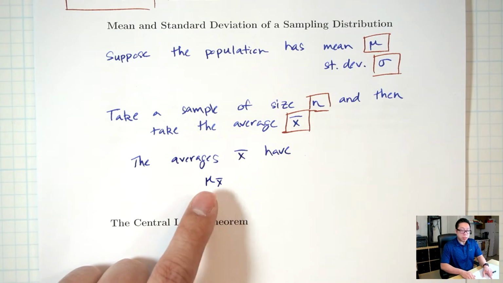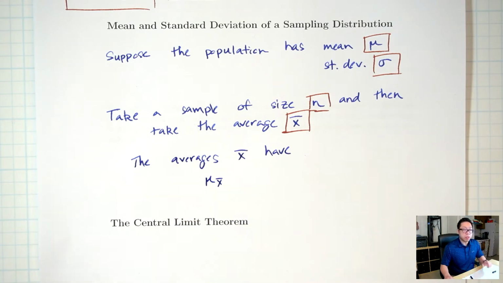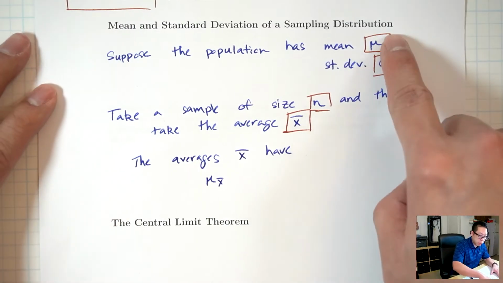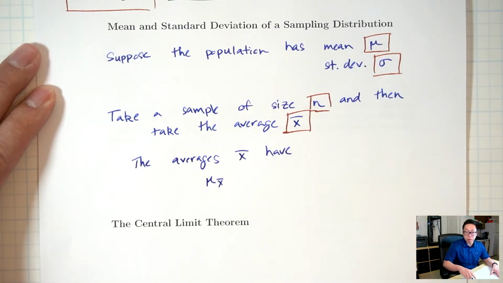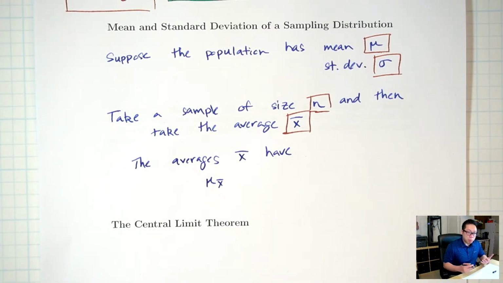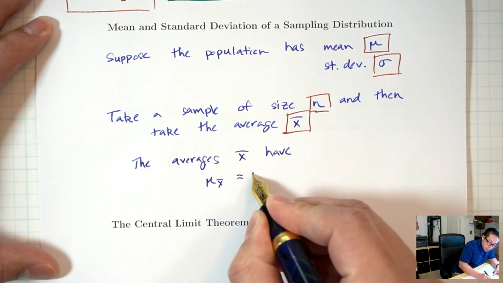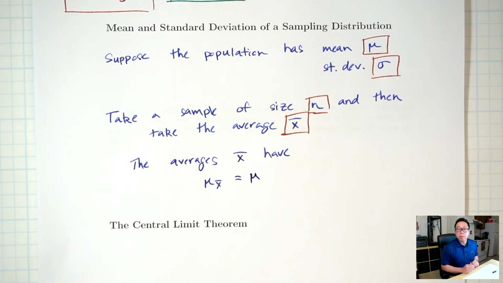I'm using the notation mu x bar to distinguish between the bottom picture and the top picture. The top picture is the population, the bottom picture is the x bar. So when I say mu x bar, I'm referring to the bottom picture. When I say regular mu, I'm referring to the top picture. When we look at the bottom picture, the mean stayed the same. So the mean is the original mean.